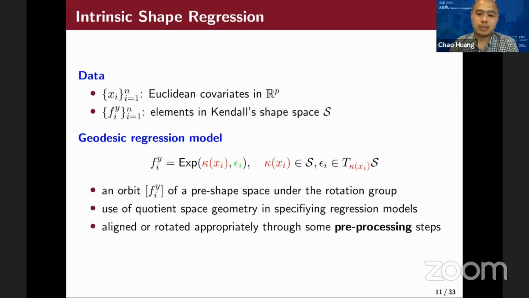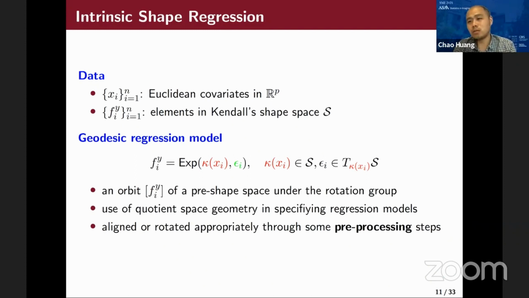So what we can do is only remove the translation and scale, and then we can project this landmark information onto a pre-shape space with the rotation group. In that case, we need to use quotient space geometry to specify these regression models.